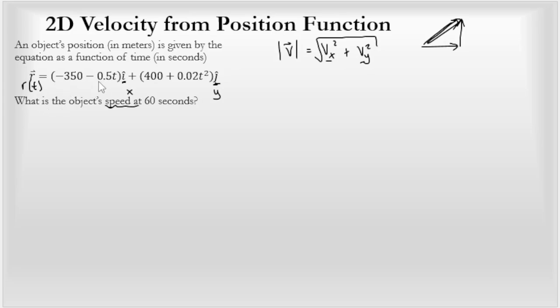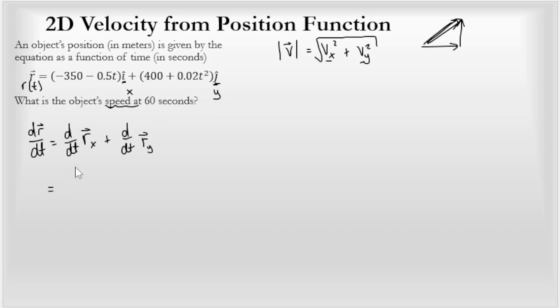So what I'm going to do is take the time derivative of each one of these separately, right? If I do dr/dt, well, I'm going to go d by dt of the x component, and I'm going to do d by dt of the y component, or the j component, whatever you want to call that.